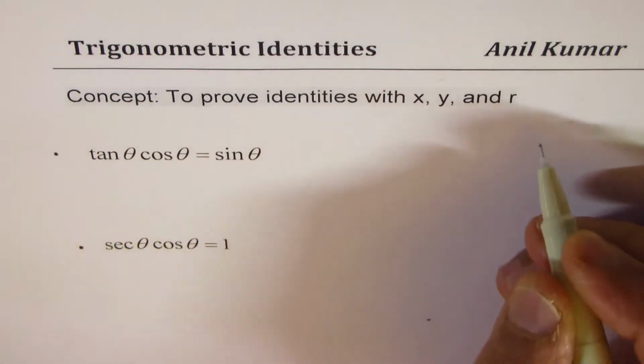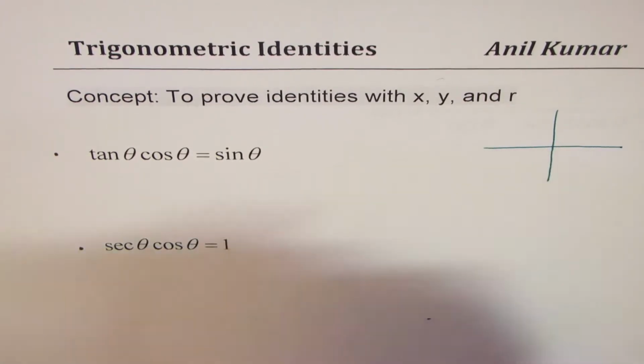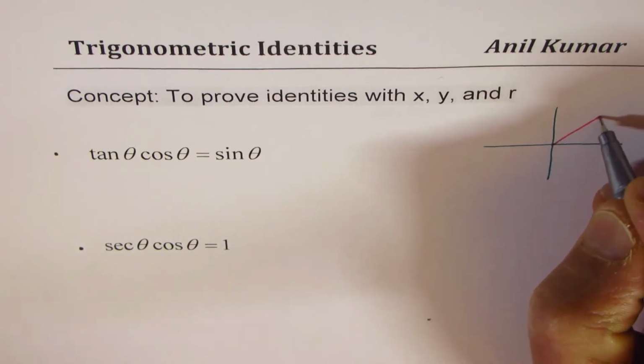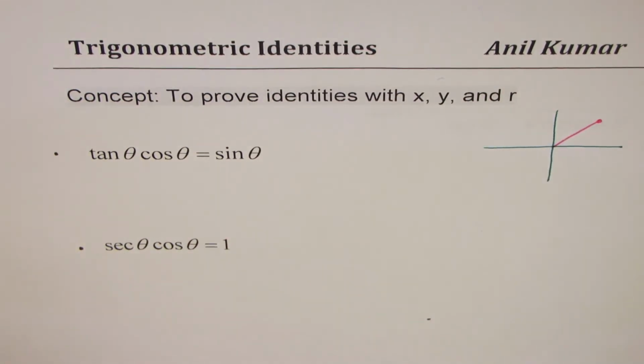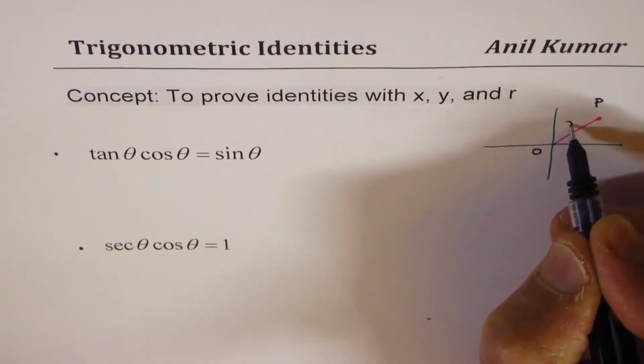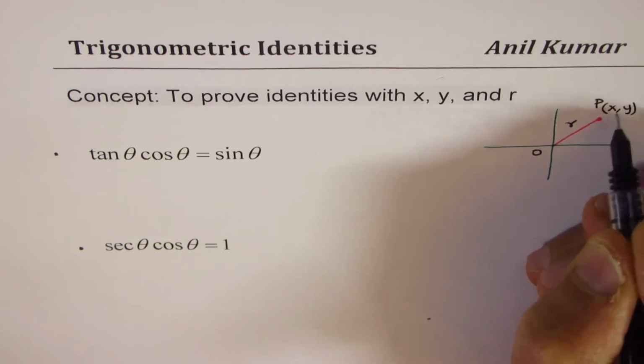When I'm saying x, y, r, I really mean that we'll consider a coordinate plane, and within this coordinate plane we'll see a point, let's say P. From the origin, the distance of point P is r, and point P could be written as x, y with its coordinates, right?